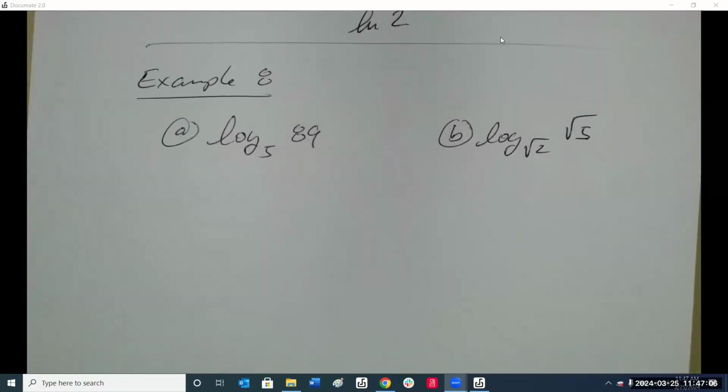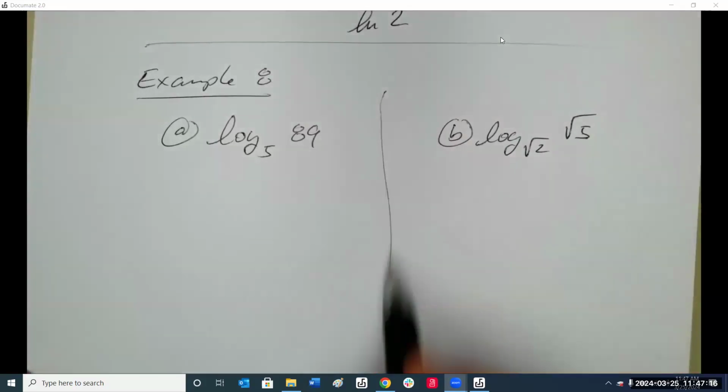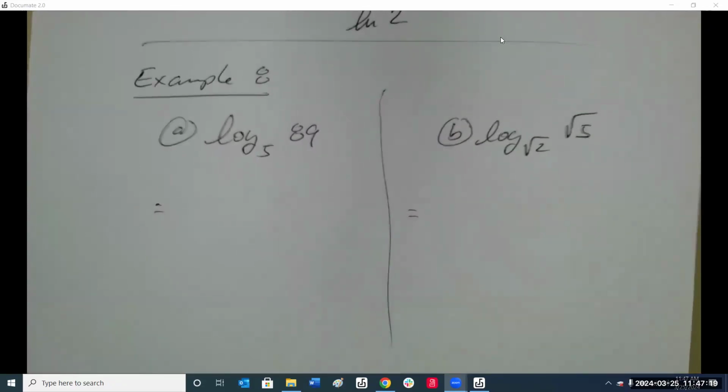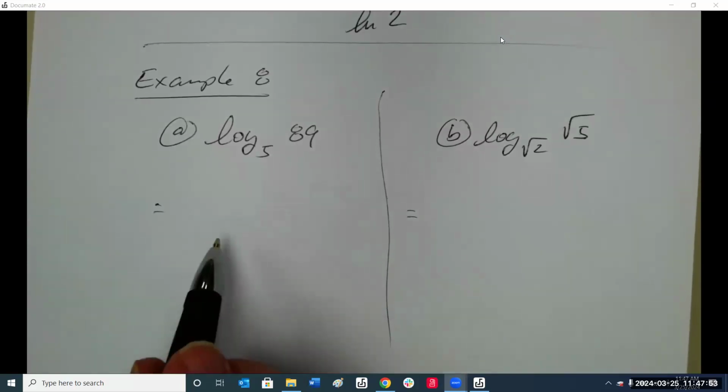Do the change of base for both of these. So the first one, what'd you change it to?